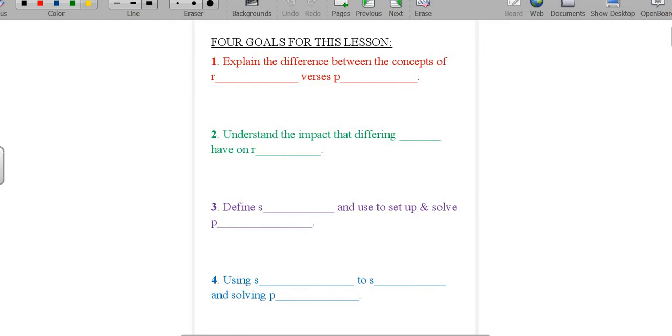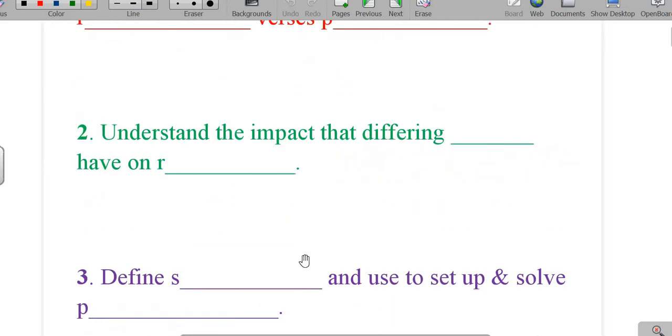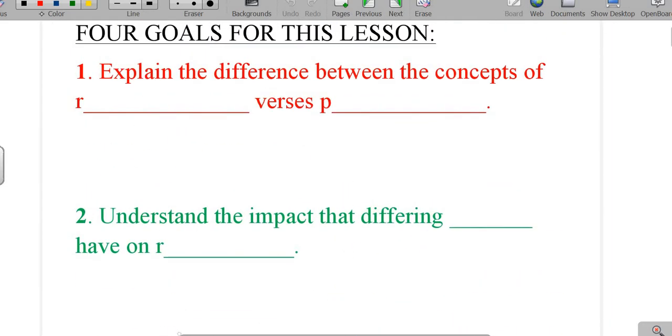There are 4 things we aim to accomplish for this video. We're going to explain the difference between the concepts of ratio versus proportion.